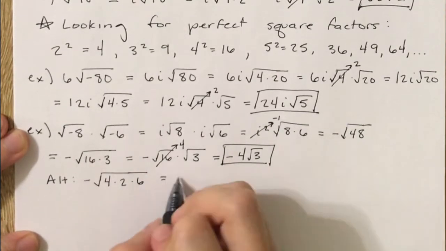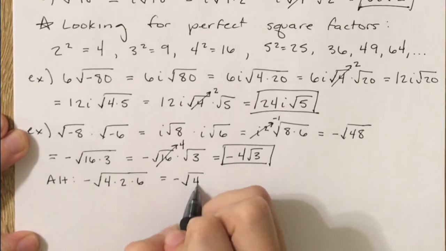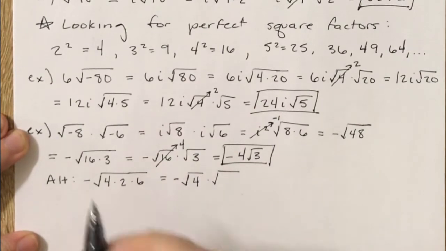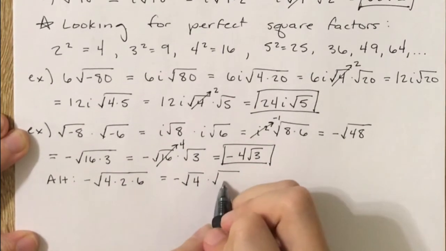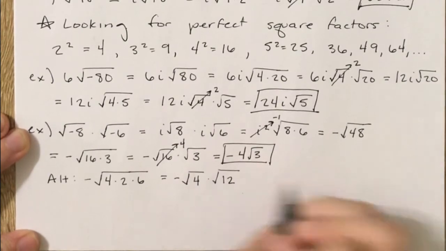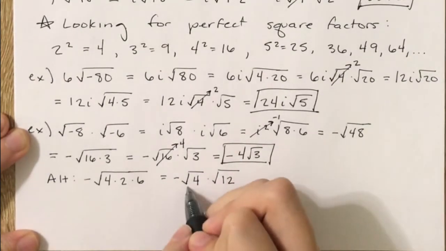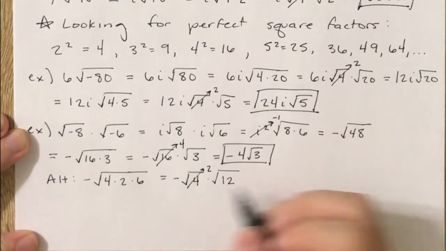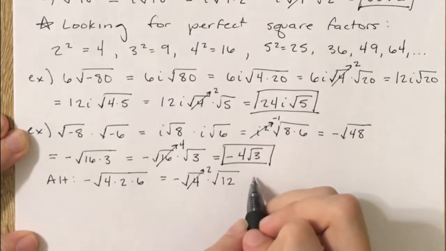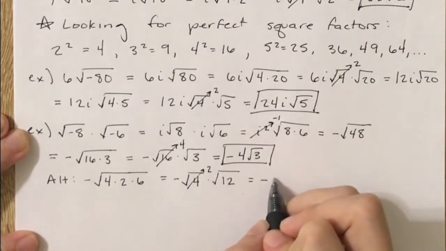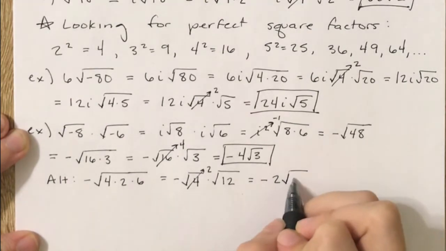We split that 4 off. We have negative square root of 4 times the square root of 2 times 6 left over. We can just multiply that out. We have 12. Square root of 4 becomes 2. So we have -2 times the square root of 12.